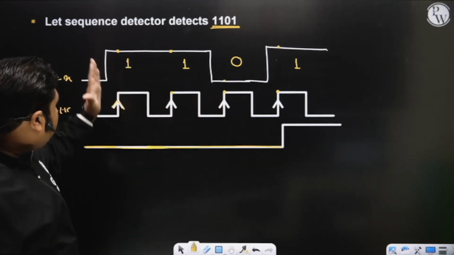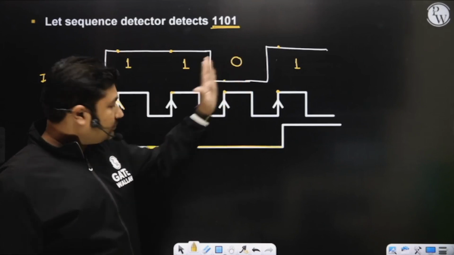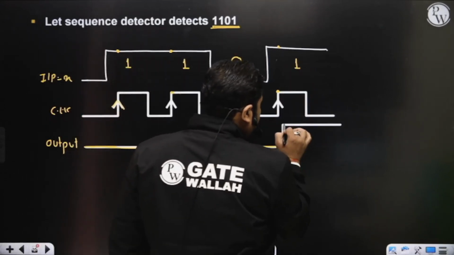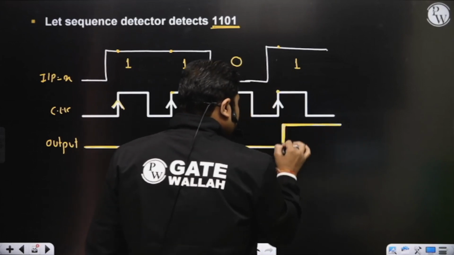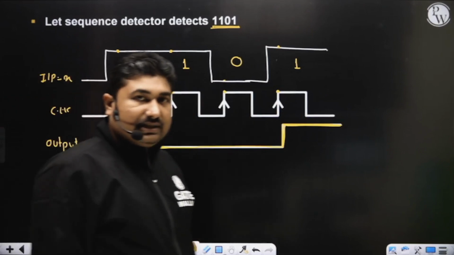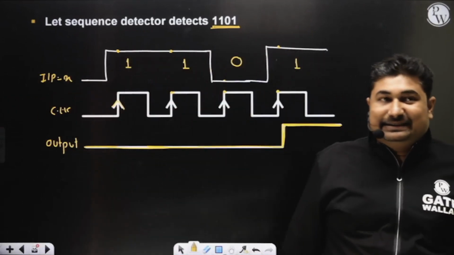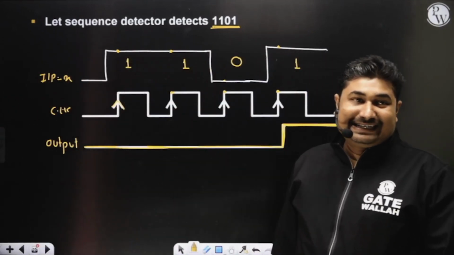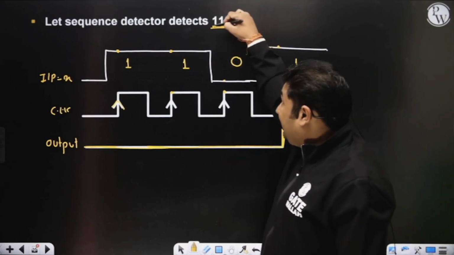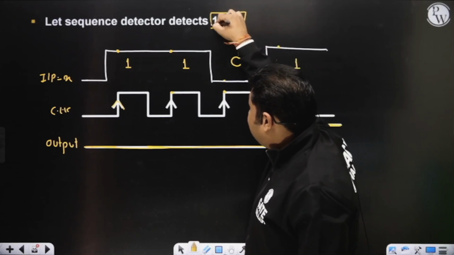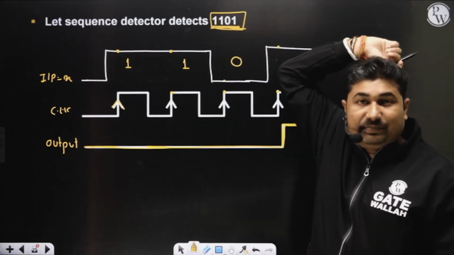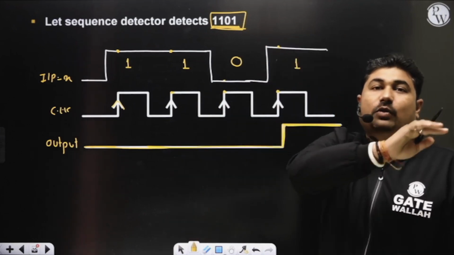Till the sequence is detected, output will remain low. As soon as the sequence is detected, output will become logic 1. Is it okay? Sir, we are unable to understand this. No, no, no. You are able to understand. You need to understand it again. Please see. I'm saying we are interested to design a sequence detector which can detect an input sequence 1101.